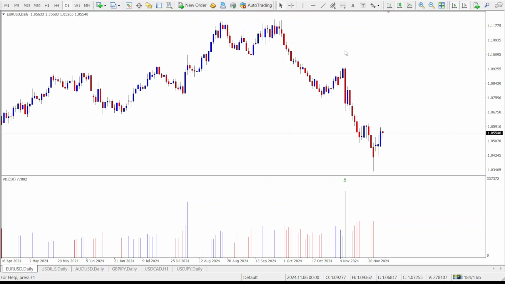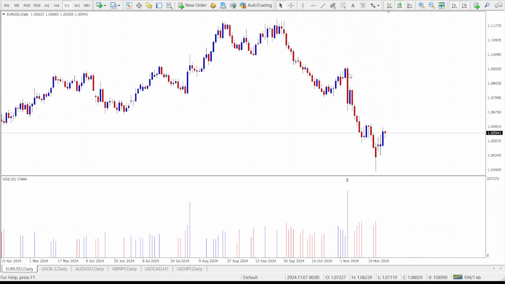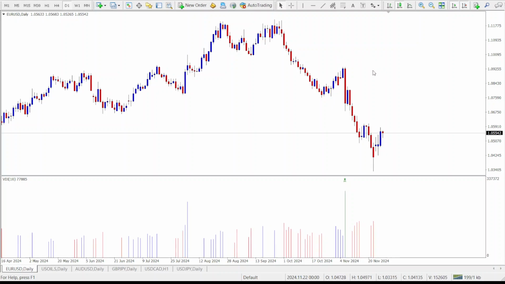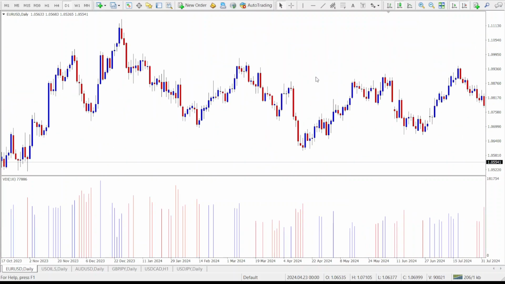So if the price is forming lower highs and you have an increase in bearish volume, it can signal potential downside momentum.